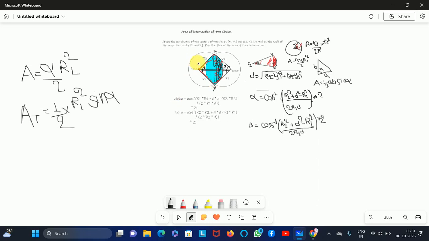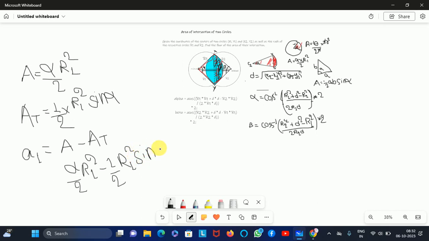So now we find the area of this region. The area of this region, this half part, let's say it's a small a1. So the area of this region is A minus AT: alpha by 2 r1 square minus half r1 square sine alpha.